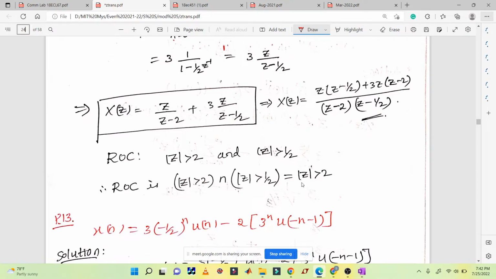So this can be simplified, and the simplified version is here. No need to worry about that. If you write this one also, it's fine.